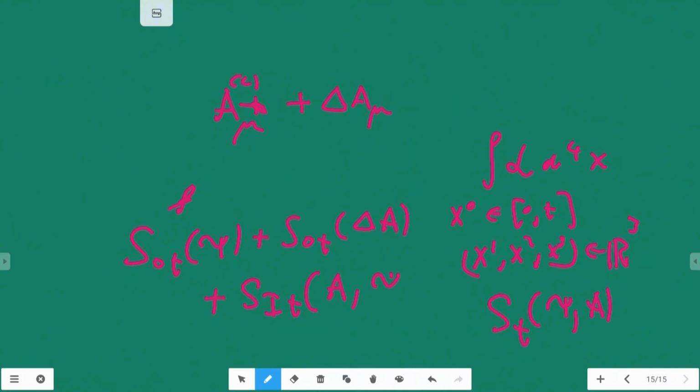You have an interaction between delta A and psi, and you also have an interaction action between the control electromagnetic field and psi, A classical and psi, because A is nothing but A classical plus delta A.